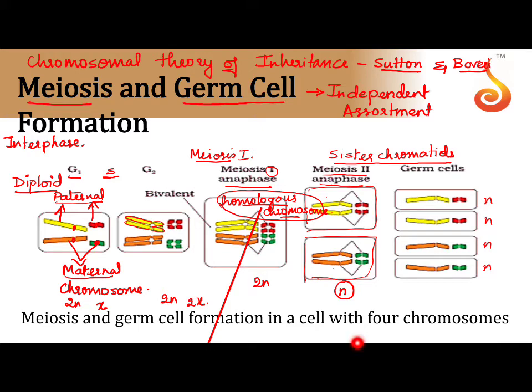Now, the 2X chromatids continued here, and here it has become X plus X, and in this case each of them has become X by 2, X by 2, X by 2 and X by 2, if we are considering this as chromatids. But when we are considering it as chromosomes, we continue to have it as haploid chromosomes.